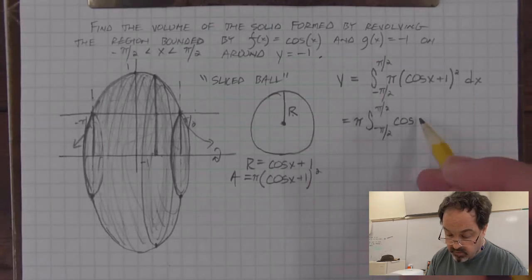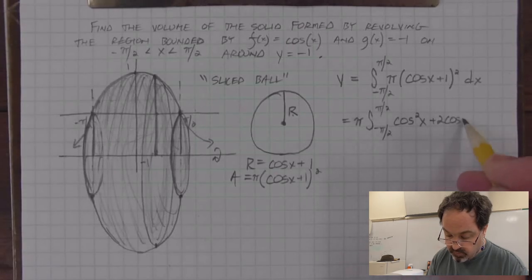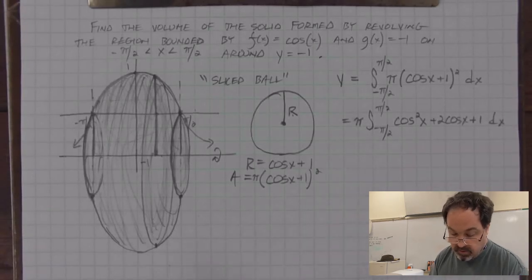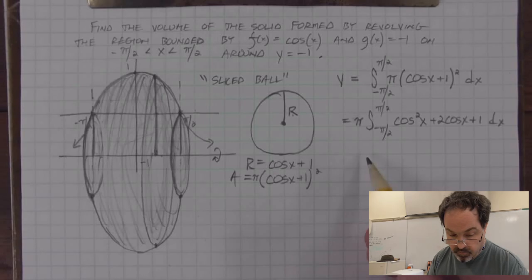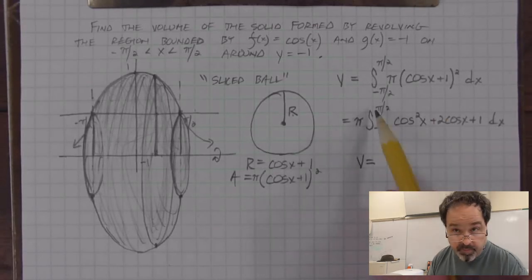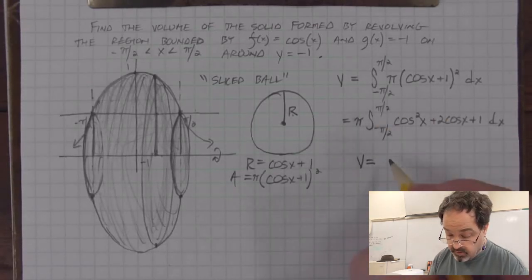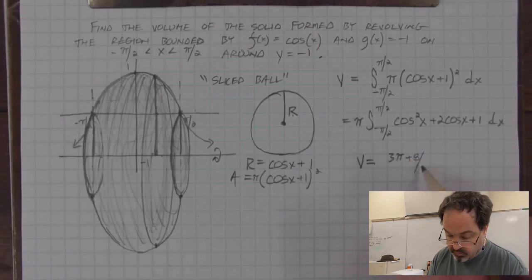If we do, then the integrand changes to cosine squared x plus 2 cosine x plus 1 with respect to x. And to give a final answer, if we were to find the antiderivative and apply the bounds with the fundamental theorem of calculus, we would come up with 3 pi plus 8 over 2. And if we approximate pi, then it's an approximate volume of 8.712.